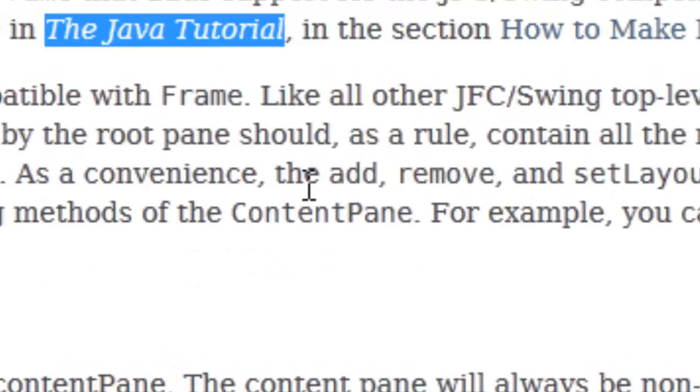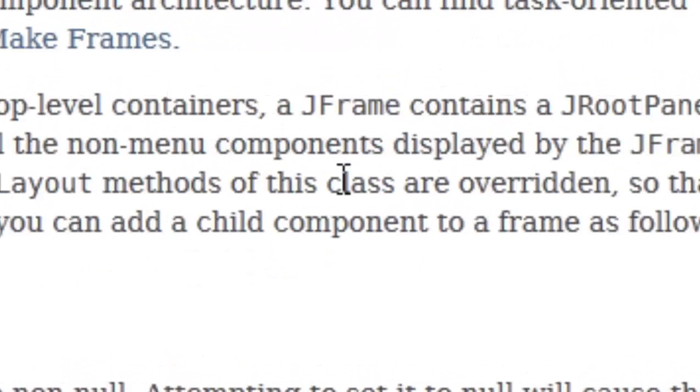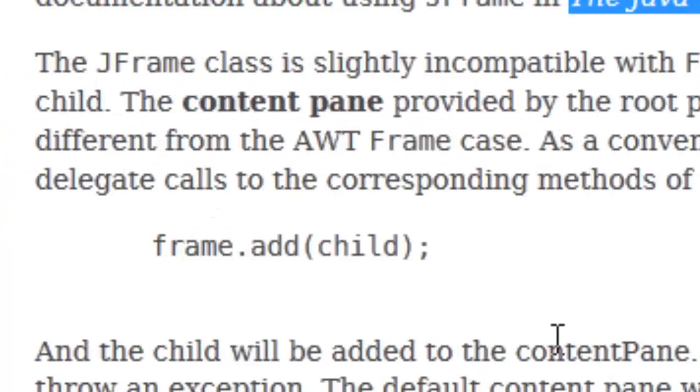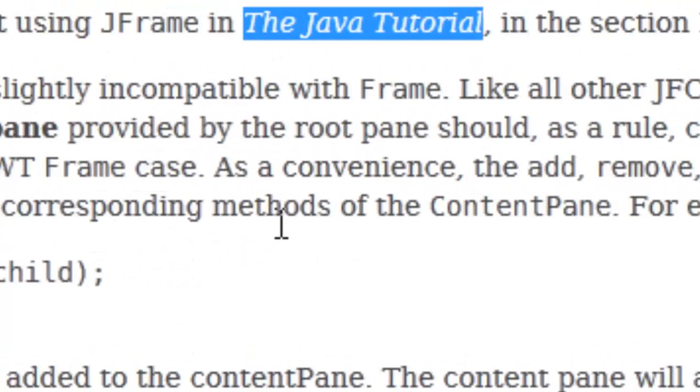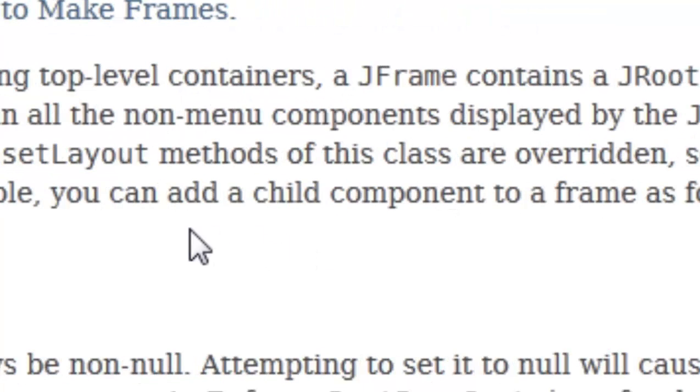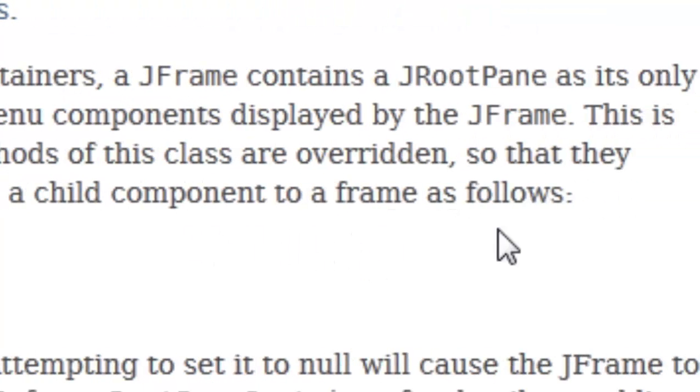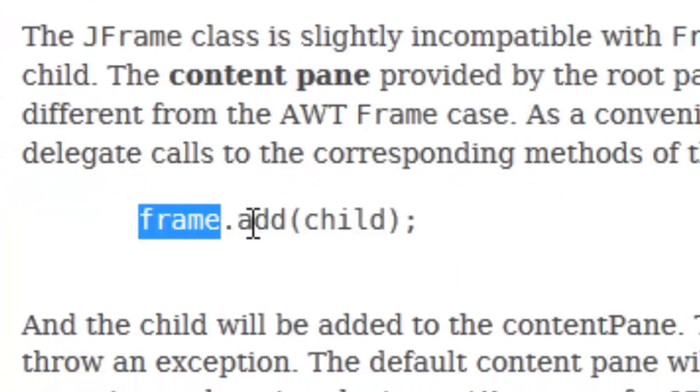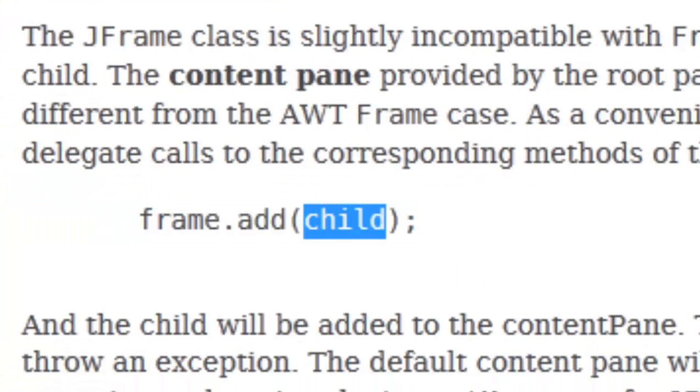As a convenience, the add, remove, and setLayout methods of this class are overridden so that they delegate calls to the corresponding methods of the content pane. For example, you can add child components to a frame as follows. You can say frame.add, and this child is a component that will be added to the frame.